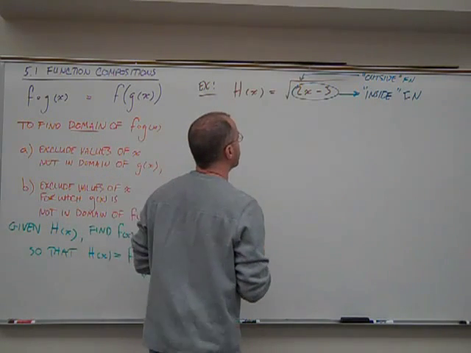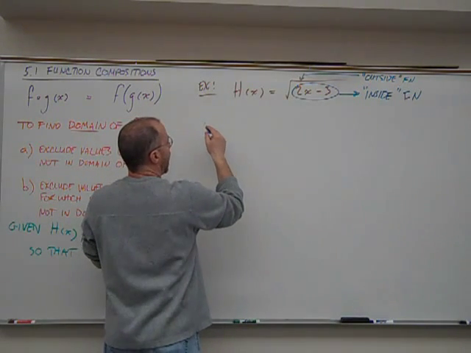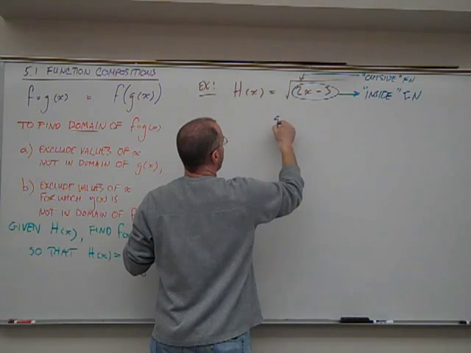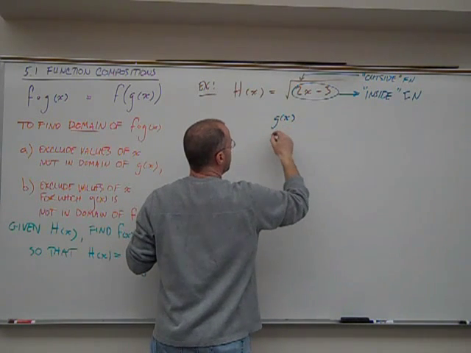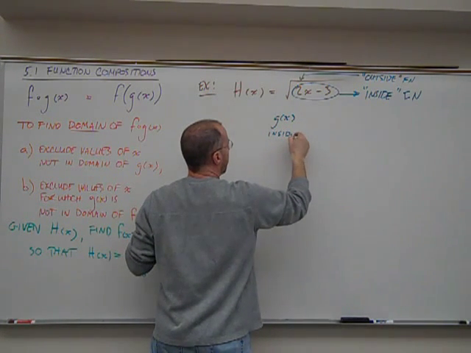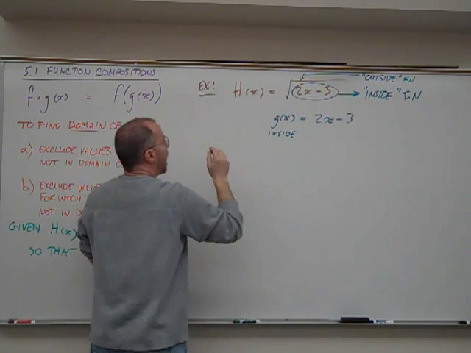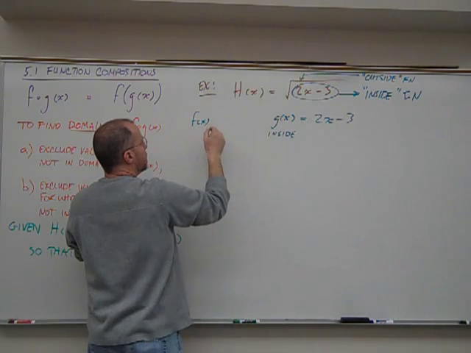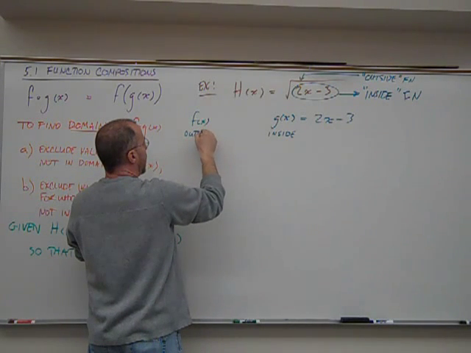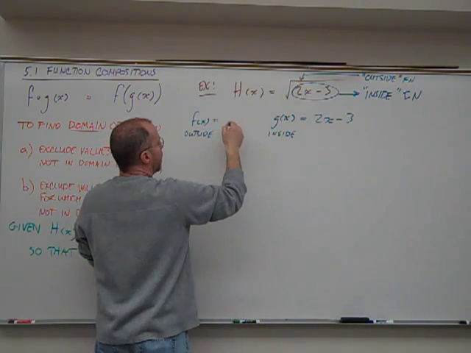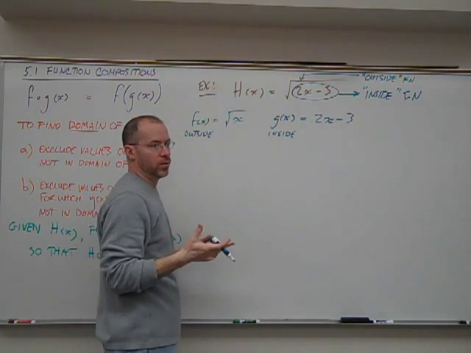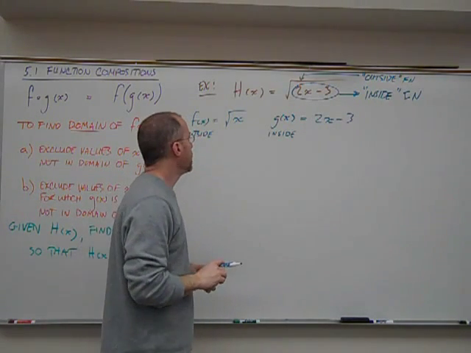So if you look at it in those terms and have g of x be the inside, that's 2x minus 3, and have f of x be the outside, and that would be square root of the input, square root of x.